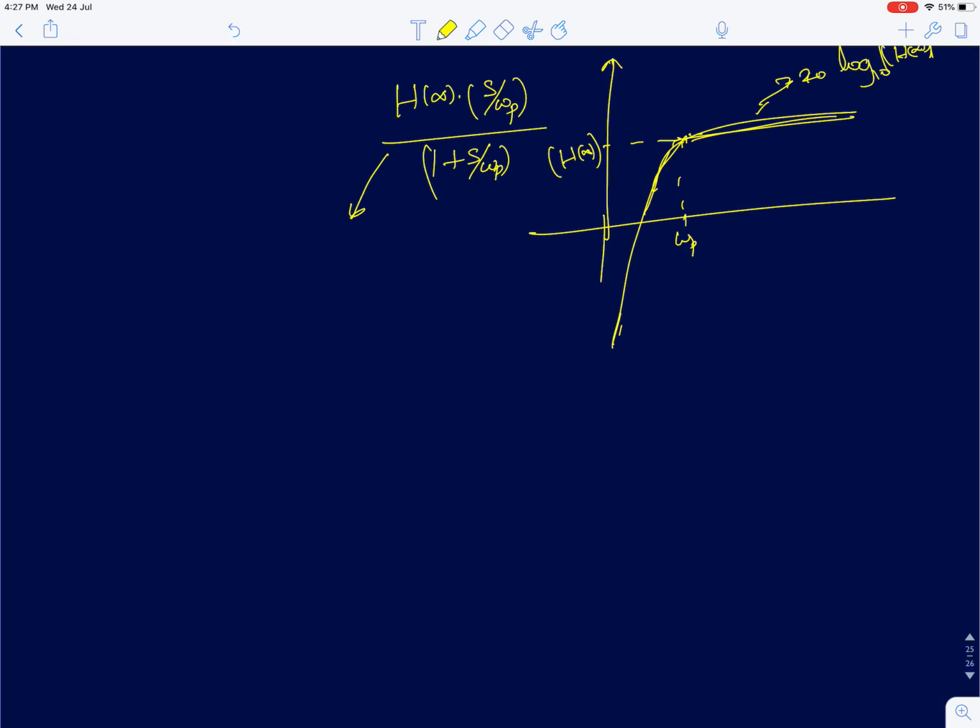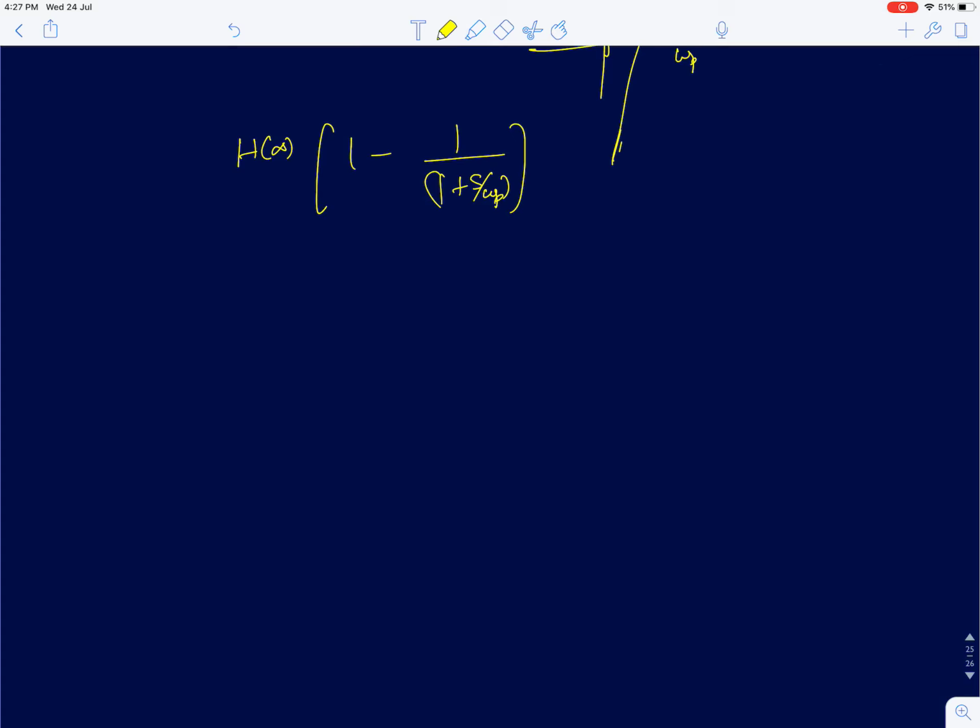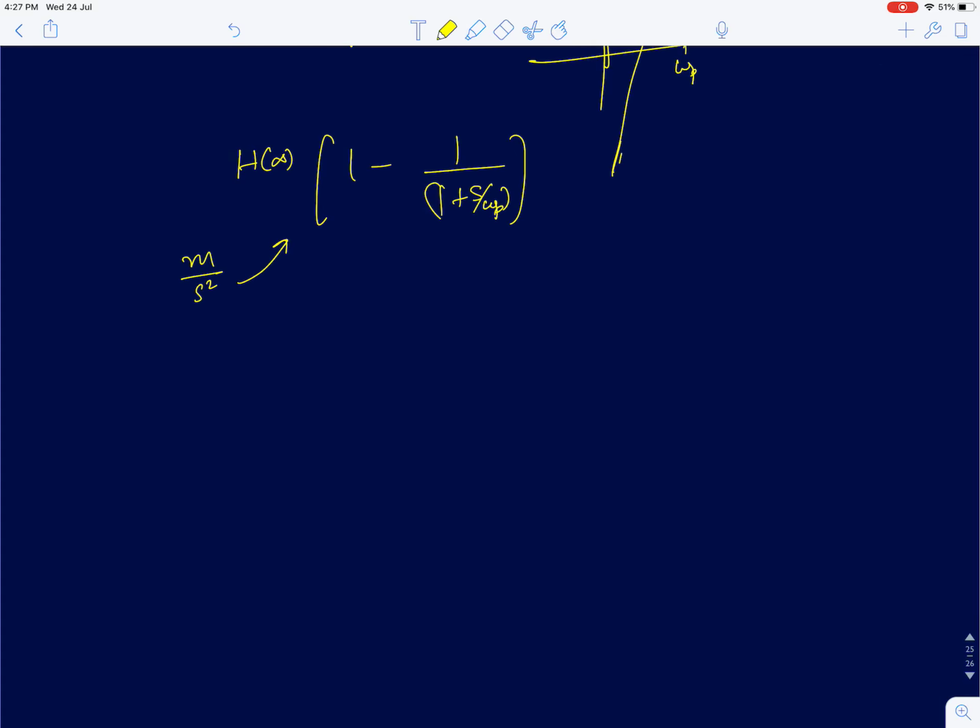Now this function, to find the response for a ramp input, I'll just express this as 1 minus 1 by s by omega p. Now when you feed a ramp input, which is m by s square as an input to this, we have already derived the expression for this, so I'll directly write the time domain output.